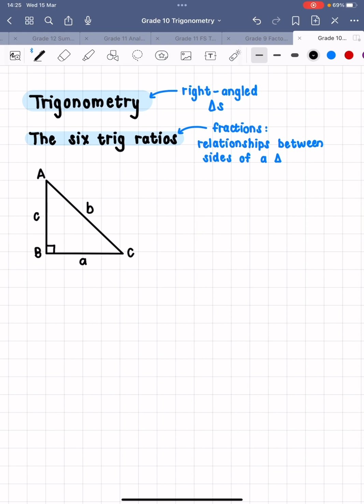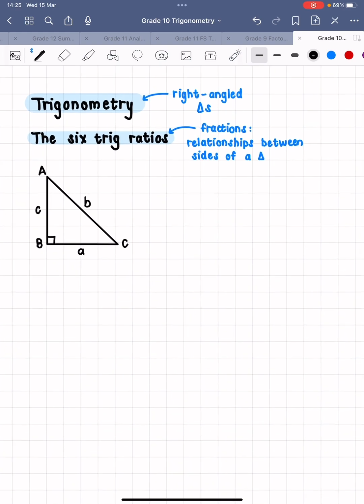Okay, now guys, the first trig ratio. Sine of angle A. Now guys, a trig ratio always goes along with an angle. It's always paired up with an angle. And I'll explain to you why that is just now. Sine is always, you need to remember this, like a formula that you need to memorize.